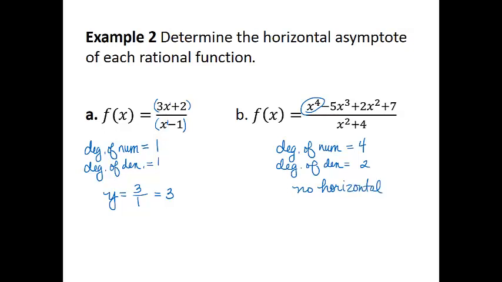So we're thinking about what is the value of y that the function approaches as x gets really large in the positive direction, or x is really, really small in the negative direction. And so we're trying to figure out how the function behaves at those extreme values of x. Part C is f of x equals x squared plus 2x minus 6 divided by x to the 3 minus 8.